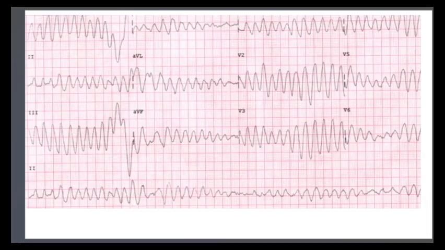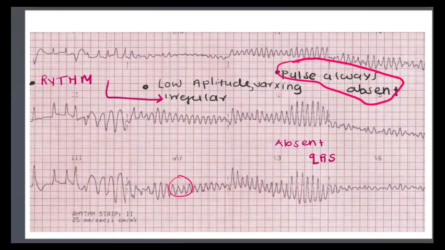That is the difference, and I completely understand that it is sometimes difficult to distinguish polymorphic VT from ventricular fibrillation. Remember, if it is polymorphic VT, they might have given you some antibiotic or drugs that cause prolonged QT, or a baseline ECG showing the patient had prolonged QT.